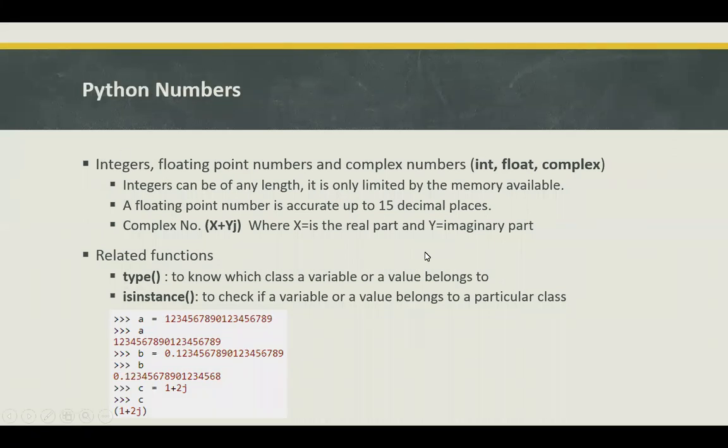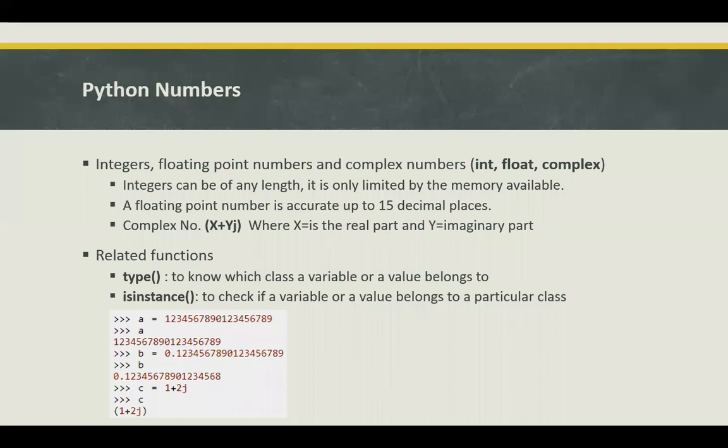I think the first data type we have covered in the last lecture, that is Python numbers. In the last lecture, we saw that in Python there are three different types of numbers: integer, floating point number, and complex number.